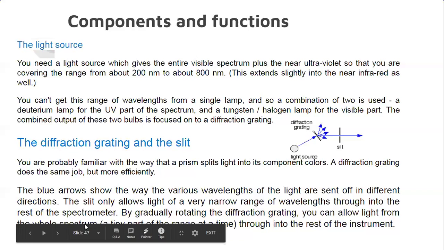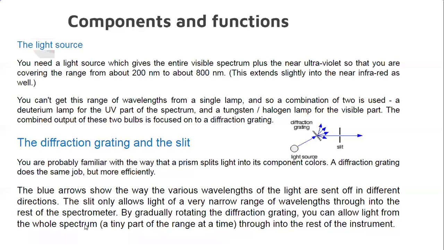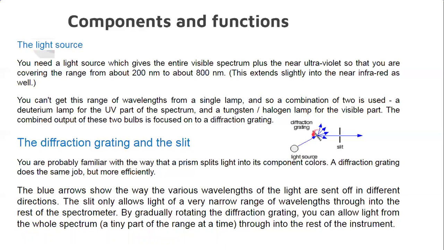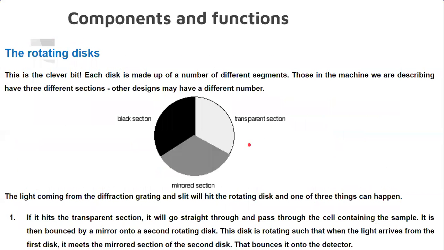Whole spectrum means 400 nanometers to 800 nanometers, if you are using UV-visible light. So the diffracting grating is also rotating. By rotating, we can send all the electromagnetic radiation into the next part through this slit. So this is about the diffracting grating and slit.